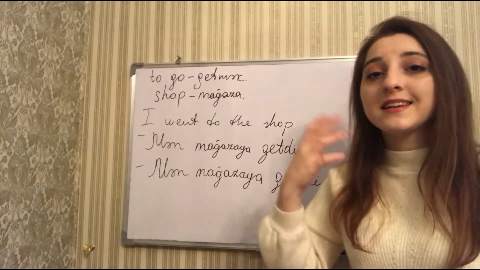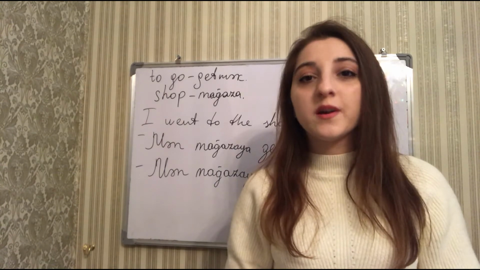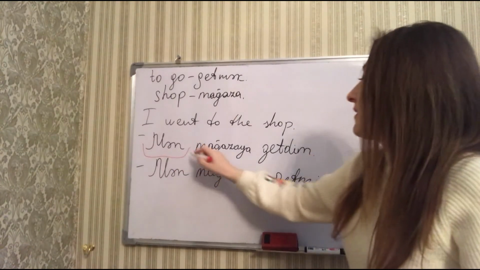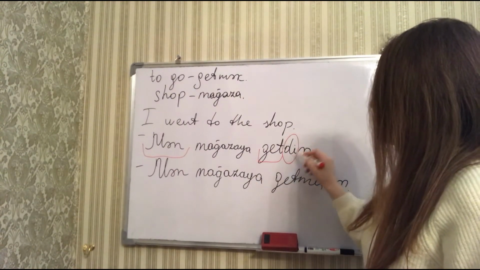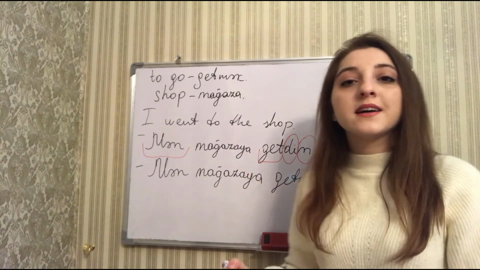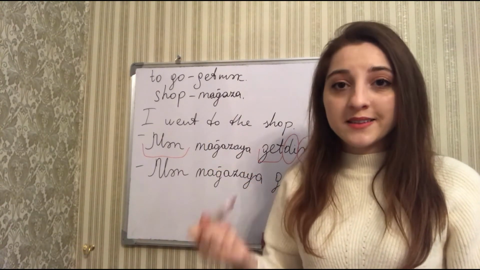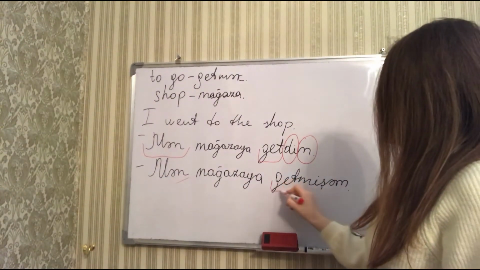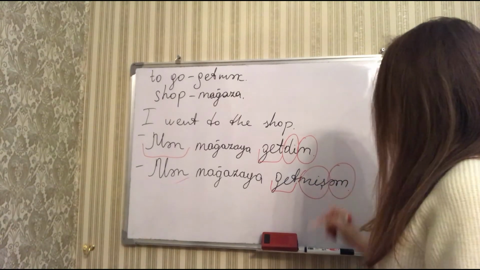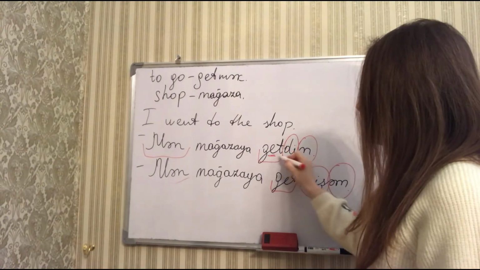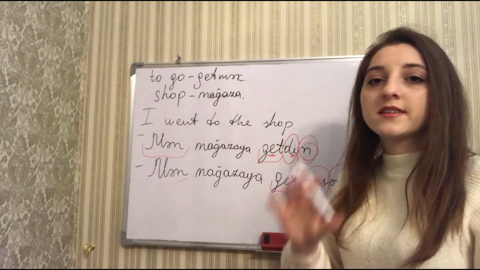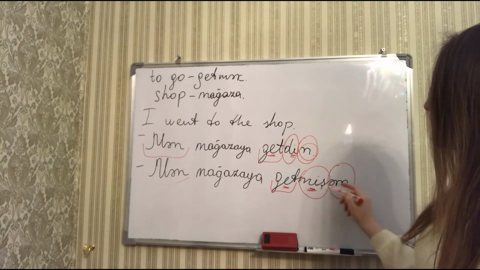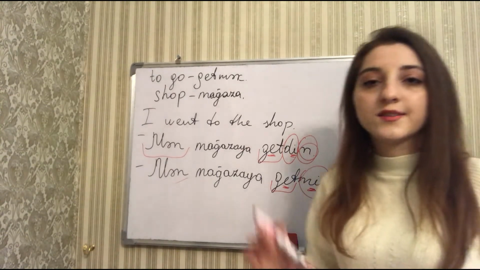Mən mağazaya gitdim. Mən mağazaya gitmişəm. Okay. Di and m are personal suffixes. This one gitmişəm, e, i and ə. All of them are soft vowels.